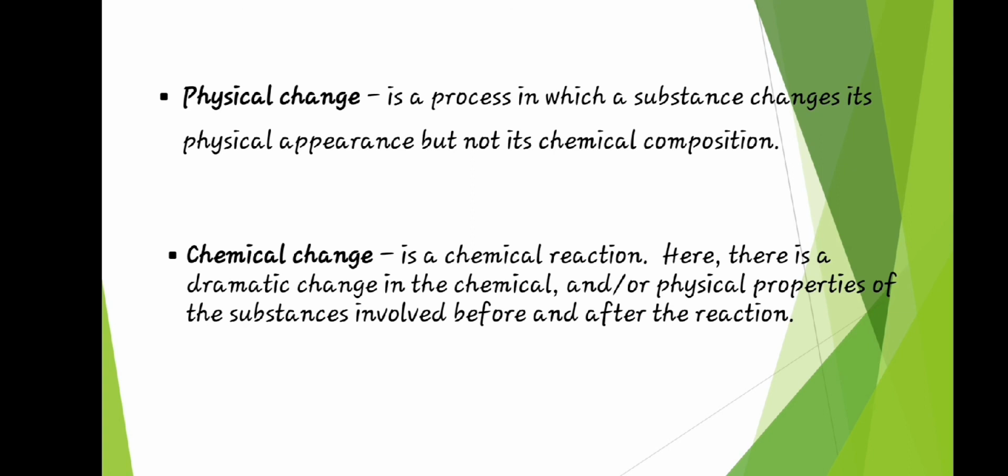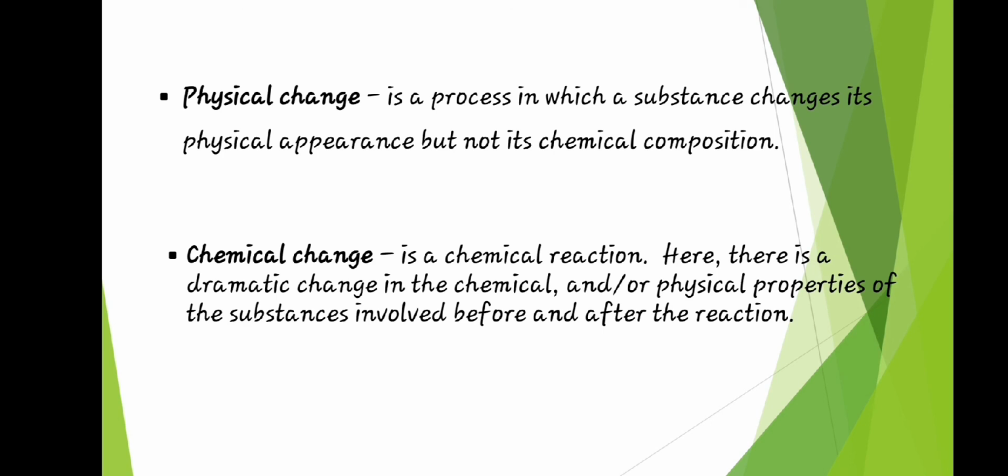How? Because it only changed in physical appearance but not chemically. But if you burn the paper, you are now showing a different chemical composition of the paper. Then that is included in chemical change. So I hope you now understand the differences between physical change and chemical change.